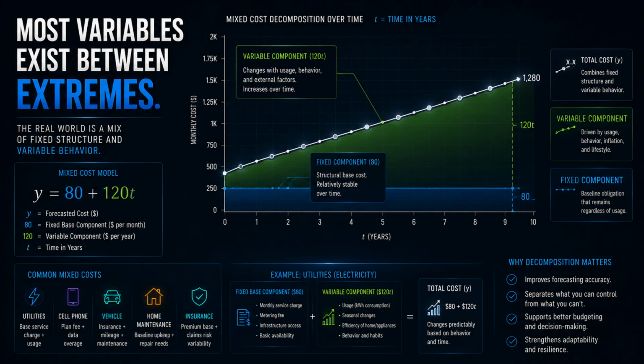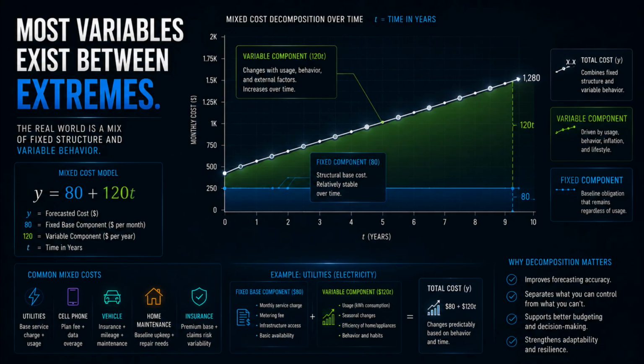Some financial variables are partially fixed and partially variable. These are called mixed costs and were dealt with in another video. Examples include utilities, electricity, cell phone plans, vehicle operating costs, maintenance spending, and some insurance structures. There may be a fixed structural component plus a variable usage component.